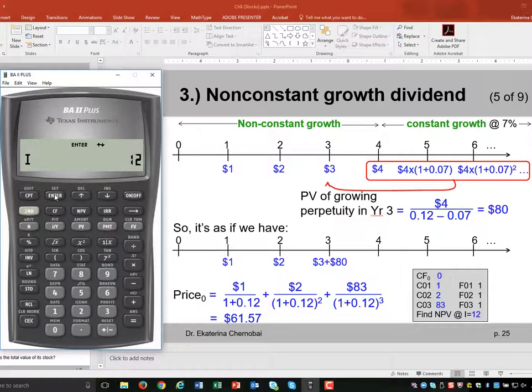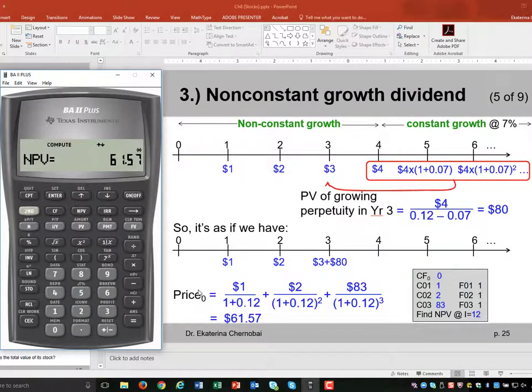Save it by pressing enter, down arrow key, and compute. 61.57. It matches the answer we had when we found individual present values one by one and then summed them up. So the price you would pay for 1 share of stock with these estimated future dividends would be $61.57.